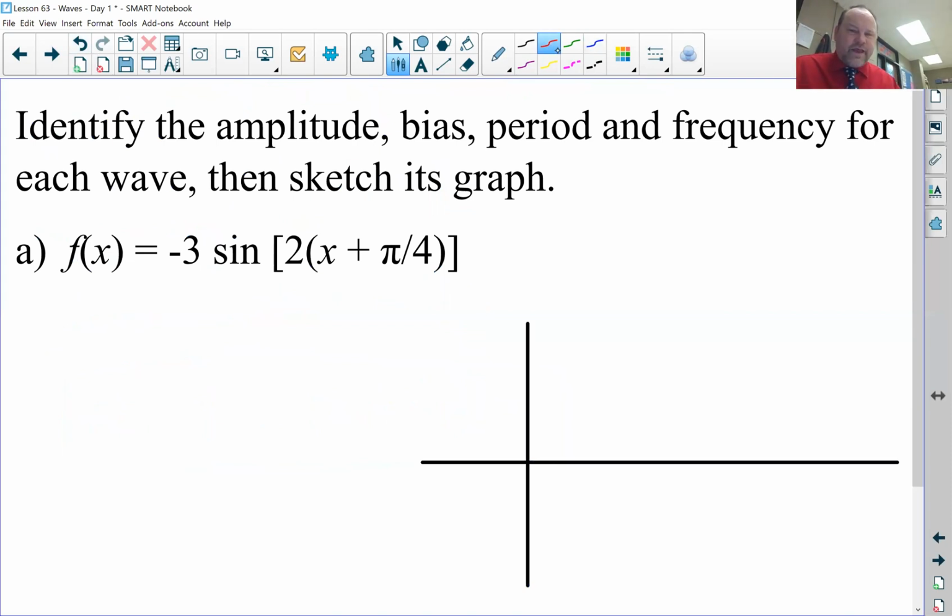So identify the amplitude, bias, period, and frequency for each wave, then sketch its graph. The one thing that they don't ask you to find in the textbook is the phase shift, although you could certainly do that as well. So I just wanted to point that out. And I don't know why they chose not to include that.